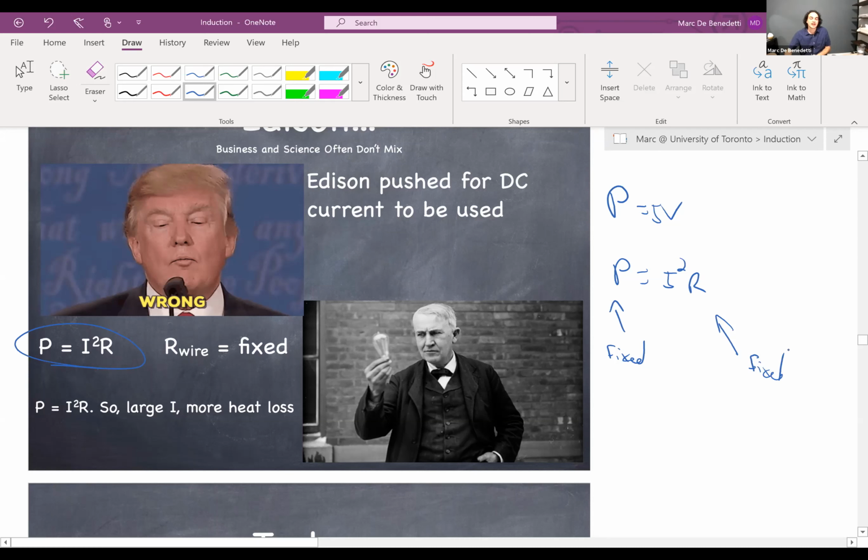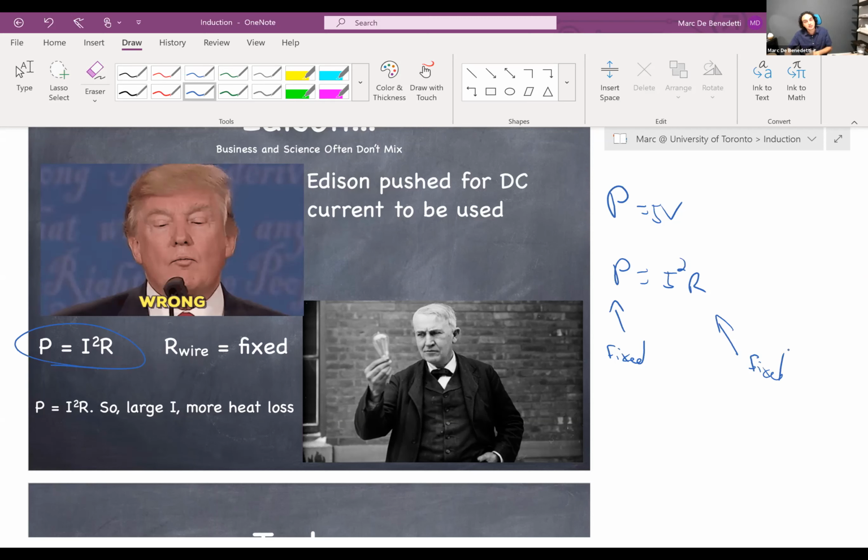So in order to get a decent amount of power to the household, and you need a lot of power in the household. I mean, you've got stoves and lights and air conditioners and washing machines and dryers, and they could all be working simultaneously. You need a lot of power to be delivered to an individual household, let alone power being generated from a power station to sustain an entire city's worth of power consumption, right?